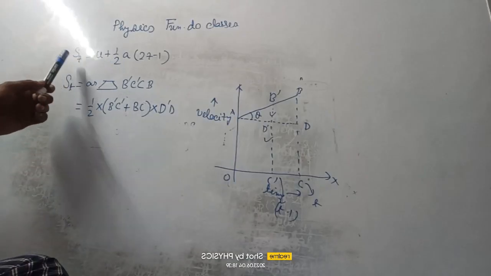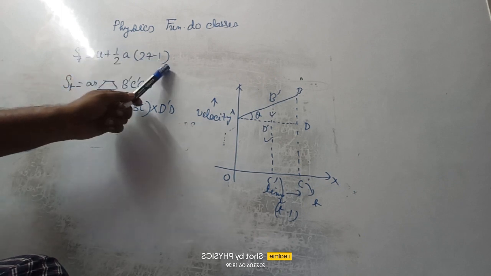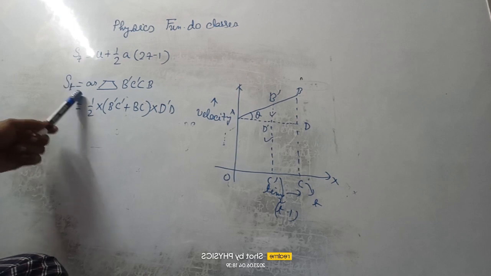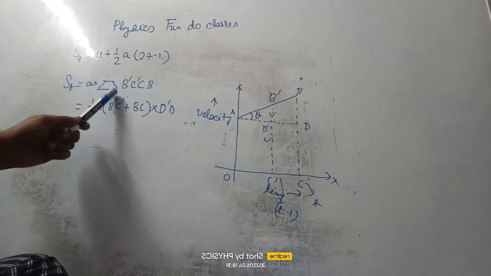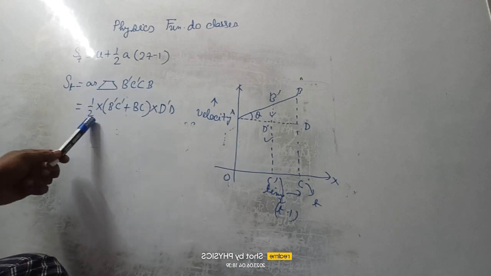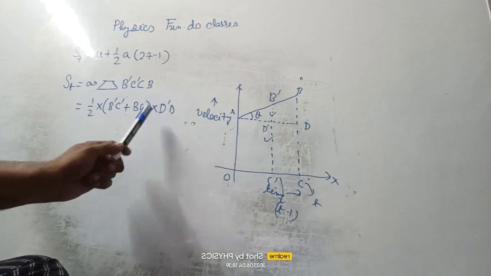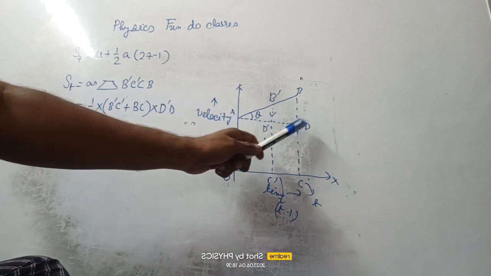Now we have to prove s_t equals u plus half a into 2t minus 1. So s_t is equal to the area of the trapezium B'C'CB, that is half the sum of the parallel sides B'C' and BC into D'D, the perpendicular distance.